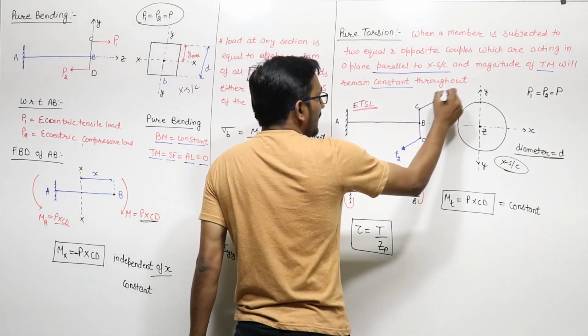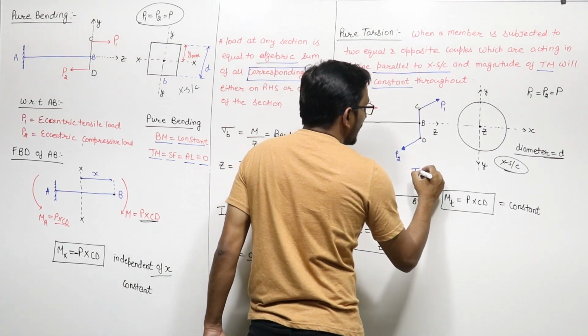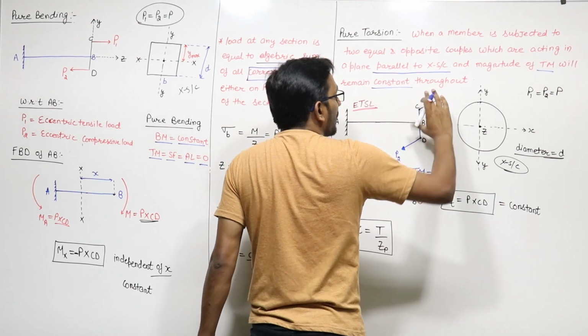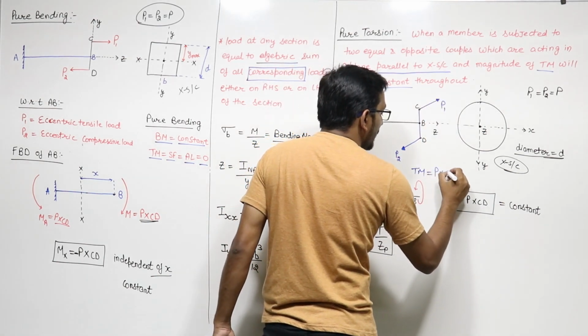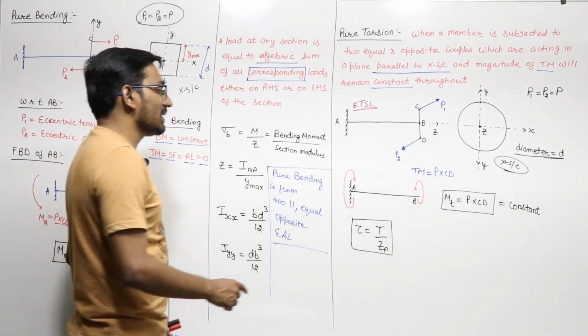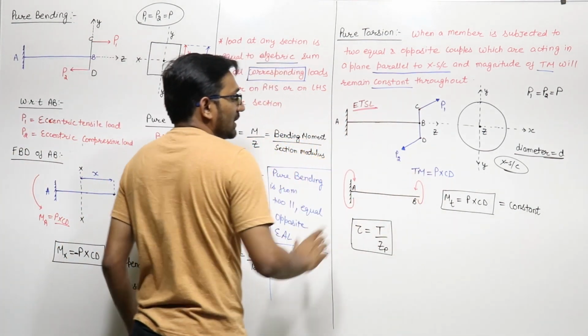The twisting moment will be equal to load into perpendicular distance, that is P into CD, right? And it will give us the twisting moment in this direction.